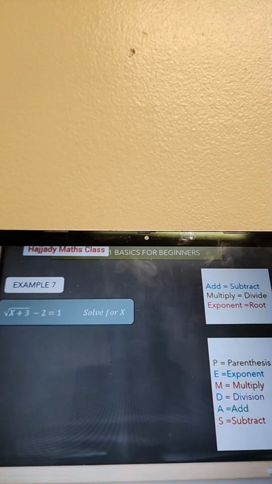Now we have example 7. In example 7, here we have the square roots. How do we deal with this? Using the same rule, which is PEMDAS. Do we have subtraction? Yes, we do. If you have subtraction, what is the inverse, which is addition? So here, rewriting the question clearly, we have square root of x plus 3 minus 2 equals to 1.